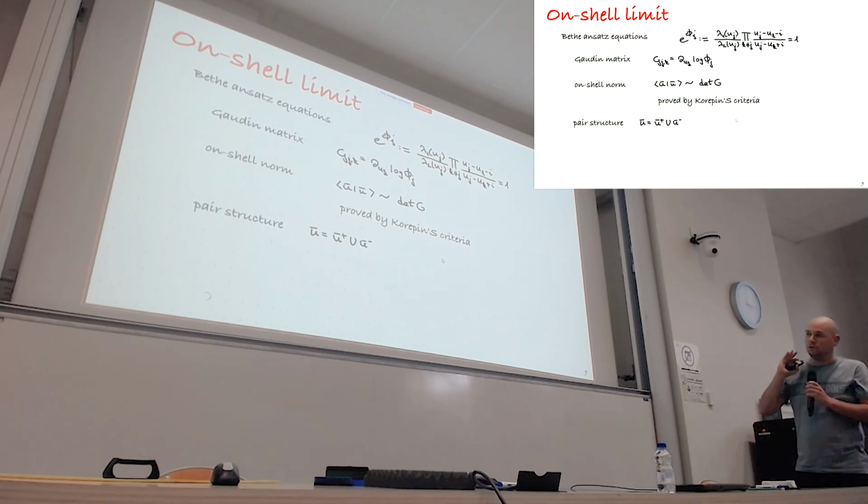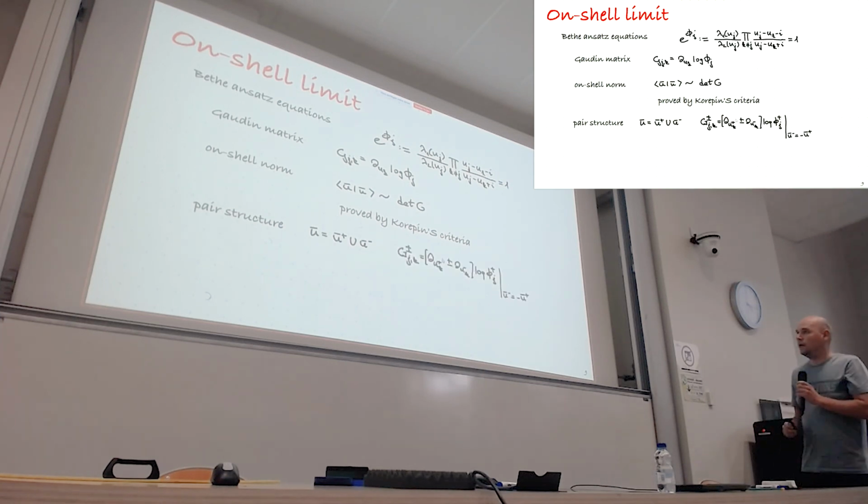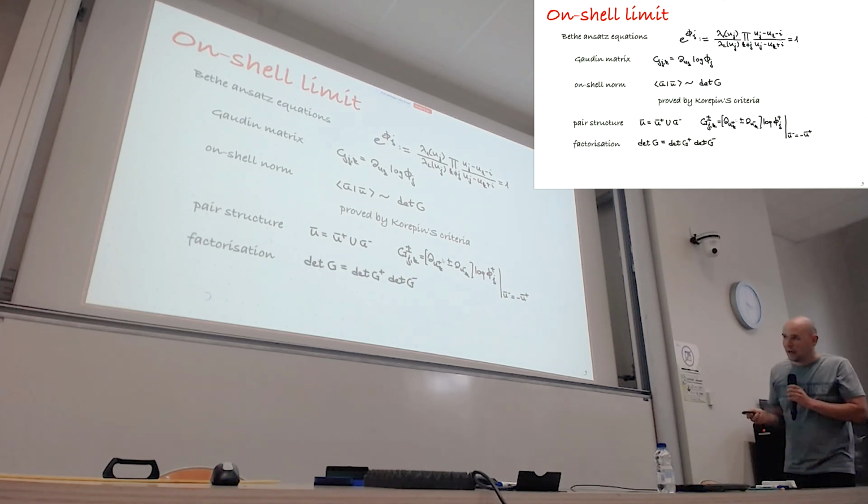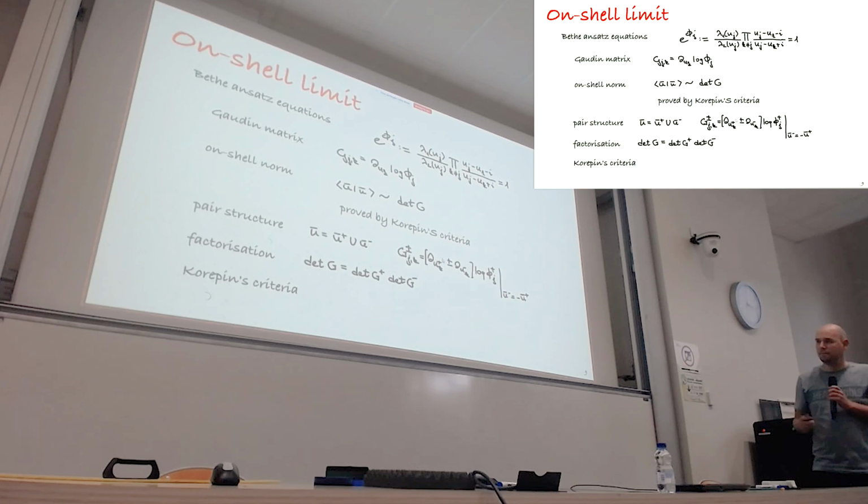Now, for the on-shell state, we have the pair structure. Therefore, we can divide the beta roots in two sets, where in the pair structure limit, this U minus is minus U plus. And we can define two Gaudin-like matrices. And the original Gaudin determinant is factorized in this way.